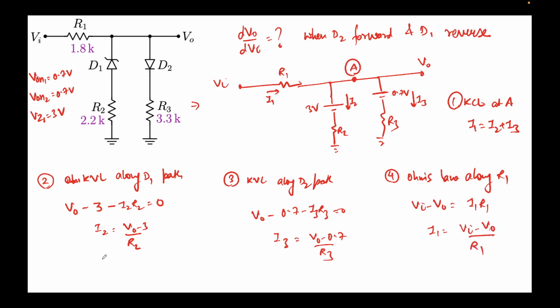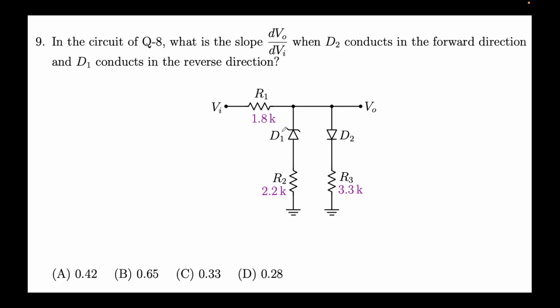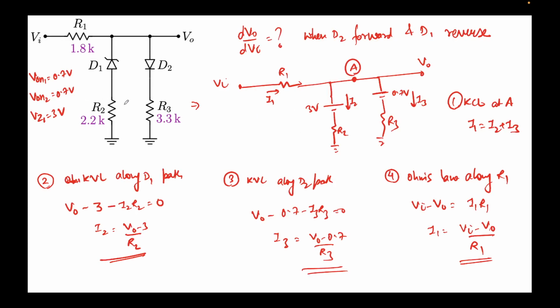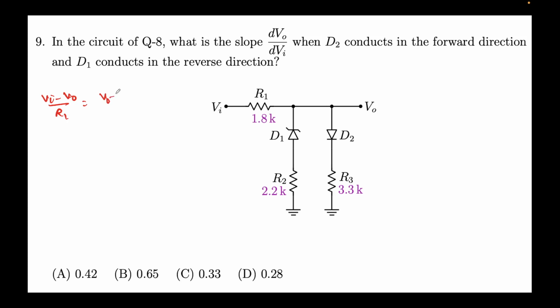Now we know I2, this, and this. All these three values we will put in this expression, the KCL that we had obtained. So I1 came out to be (Vi minus V0) over R1, I2 came out to be (V0 minus 3) over R2, and I3 came out to be (V0 minus 0.7) over R3.